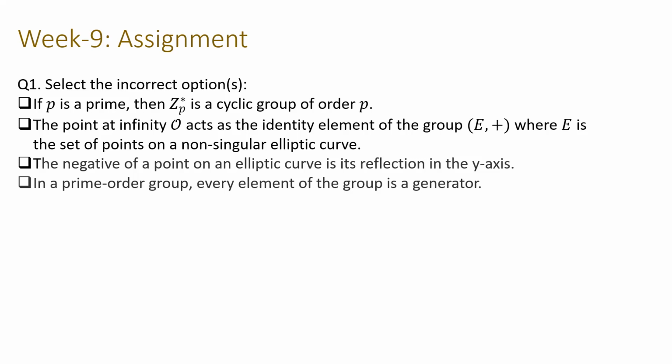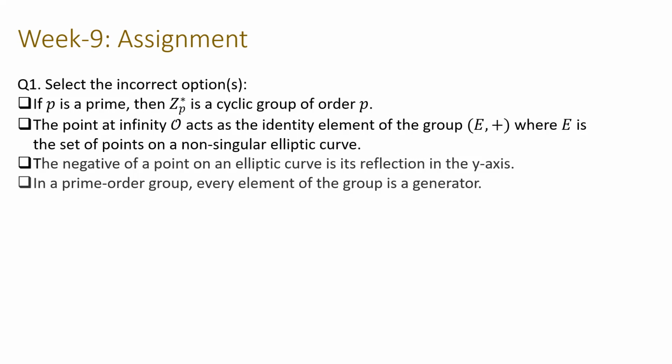There we consider this point at infinity to be the identity element. This point is assumed to be lying on all the y-axis, where all these vertical lines through various x values meet somewhere at infinity. So you consider that point to be the point at infinity.